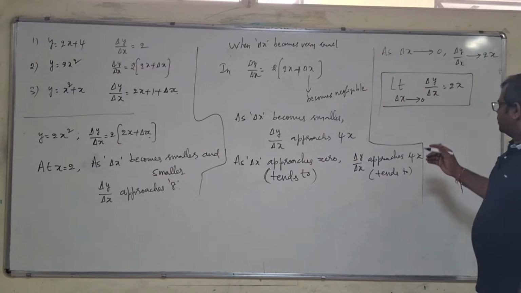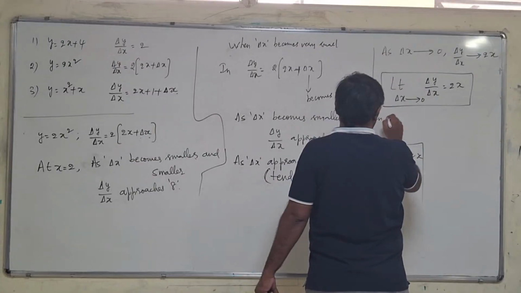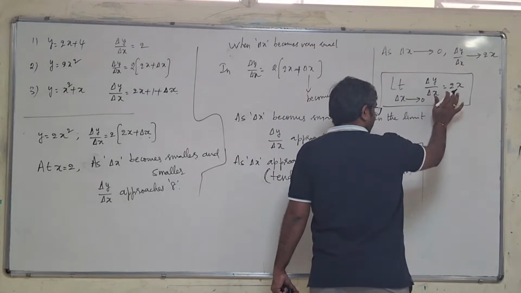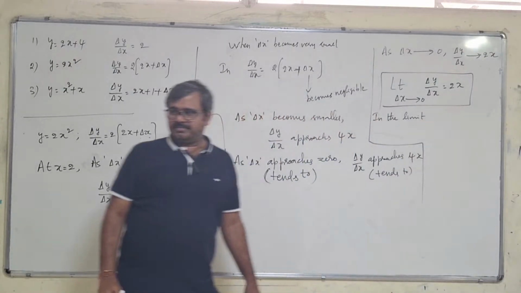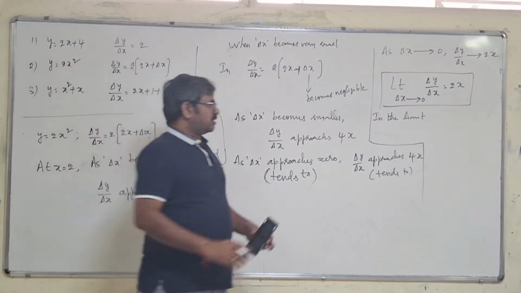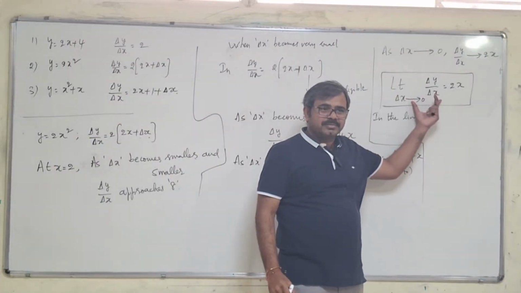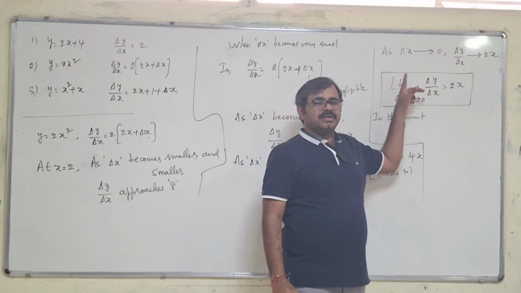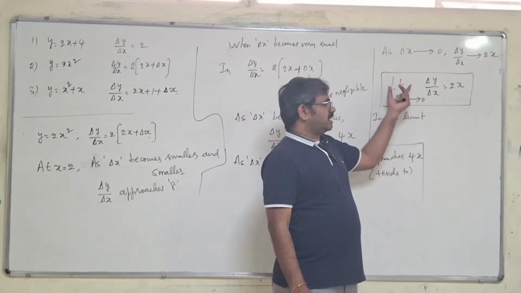Okay, so the same thing we say in English. In the English language, I am writing here. This is the language of mathematics. In the language of mathematics, what does this mean? In the limit delta x tends to 0, this is a symbol of limit.